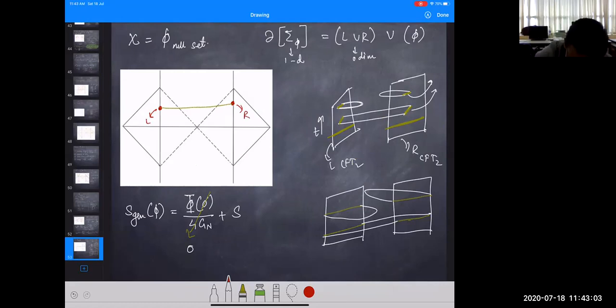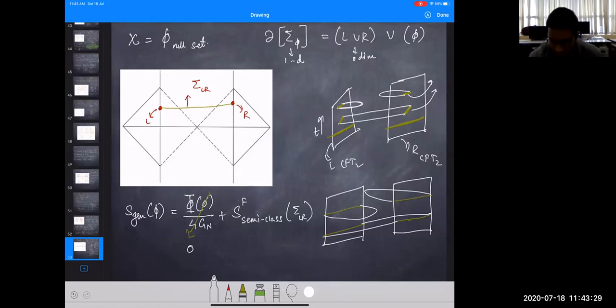And now let me call this the entanglement wedge of LR, because there's no chi really. So I just have to find out S bulk of, so this is a fine-grained entropy computation in the semi-classical limit of the gravity on the sigma LR system.